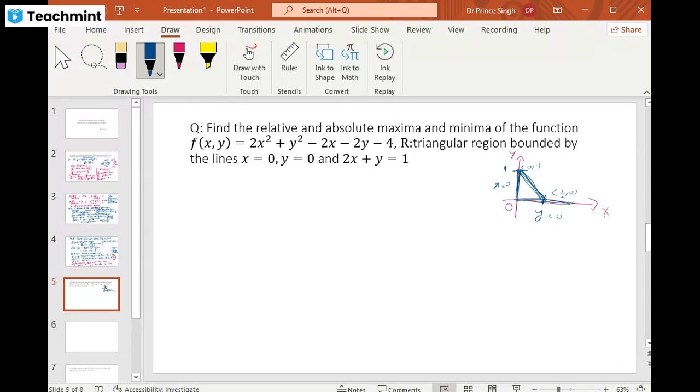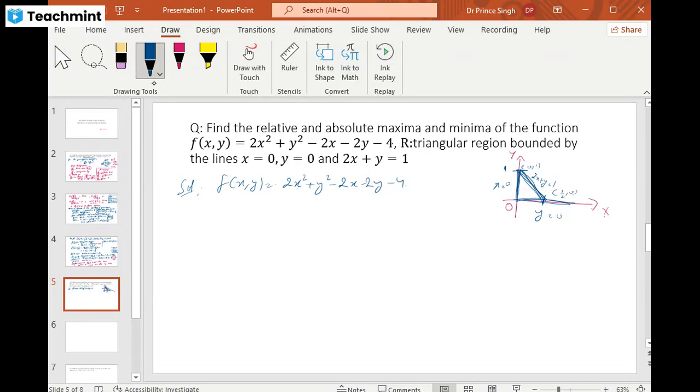So we need to find out the absolute maxima and minima of the function within the given region, right? So let us firstly start with the relative maxima and minima. In this case, our given function is 2x square plus y square minus 2x minus 2y minus 4.